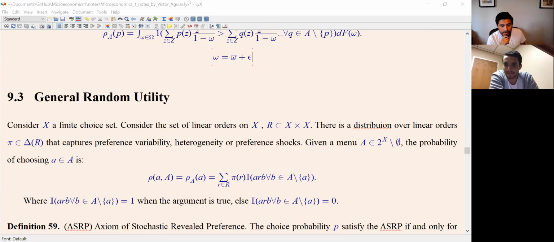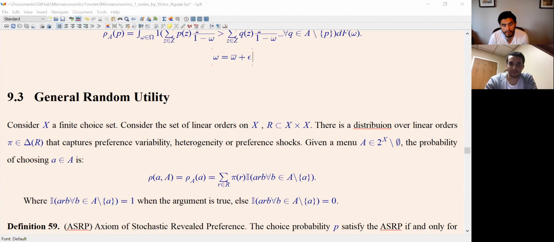Yes. Okay, can you remind us what the strong axiom of revealed preference is? It means that you cannot have a cycle. If you have a sequence of bundles, then you cannot have a cycle. If x is revealed preferred to x1 up to xn, you cannot have xn strictly revealed preferred to x.